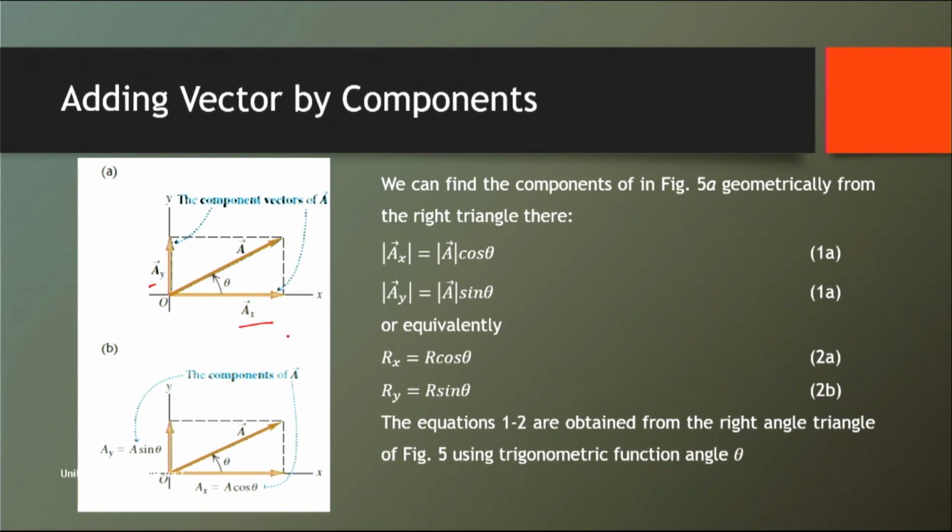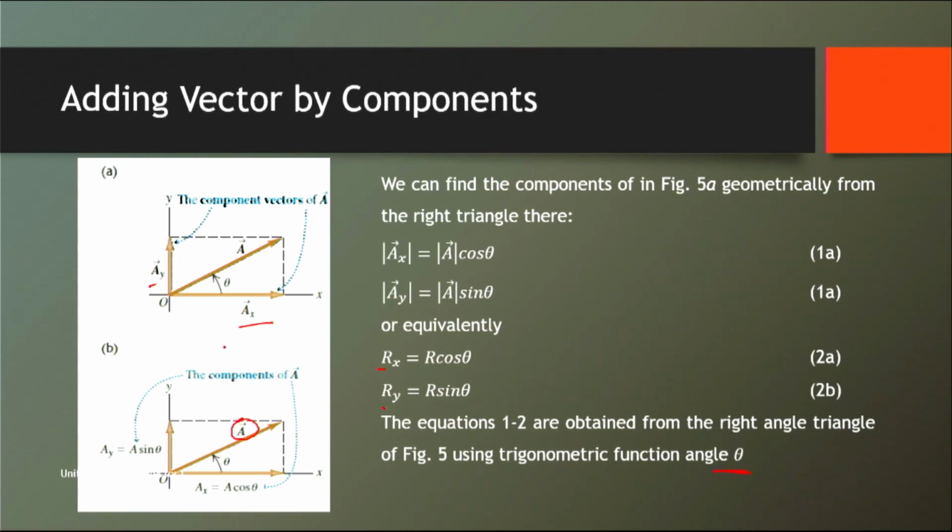So we can therefore say that the equivalent of this could as well be Rx or Ry equals either R cos theta or R sin theta. So how do we find the resultant? We use Pythagoras' theorem to obtain our A, and we can obtain our angle using tan.